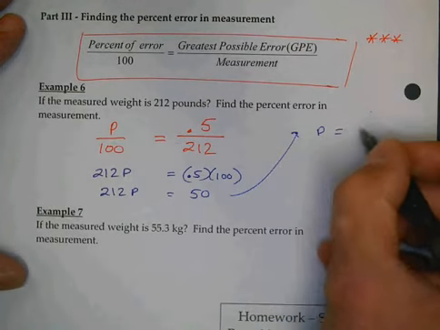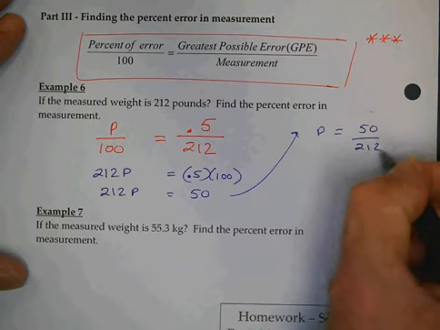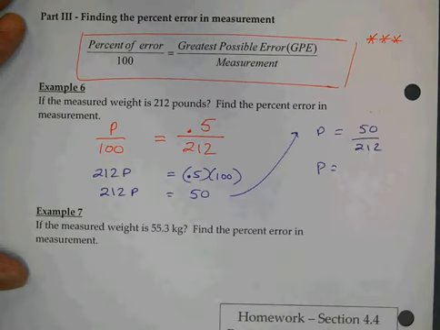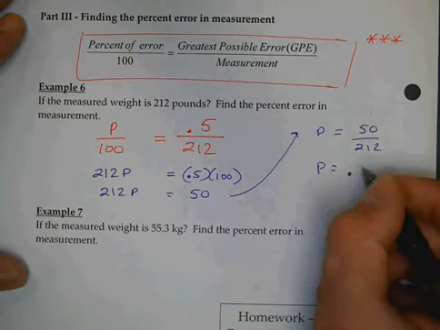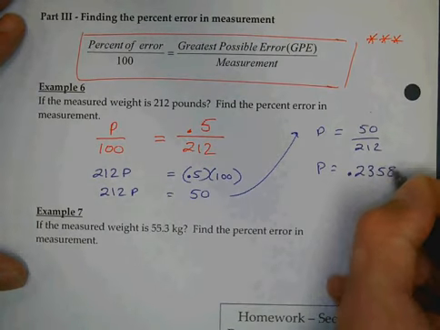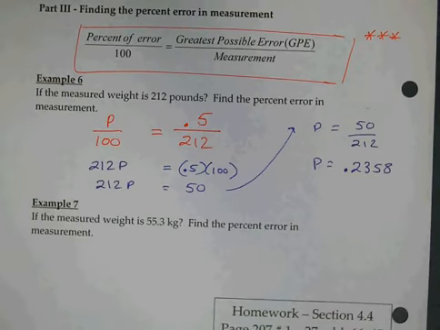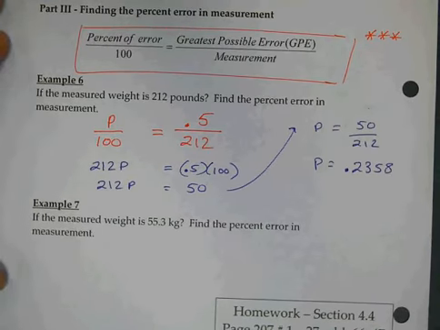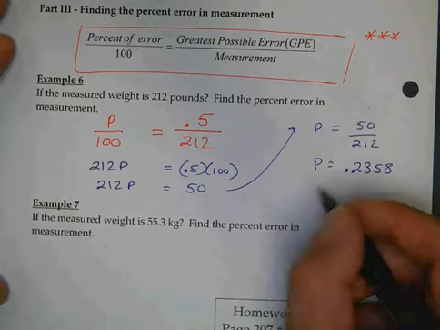Divide 50 by 212, and what do we get? 0.2358. So that's our percent. Can you have a percent that low? Yeah. It's okay to have a percent that low.